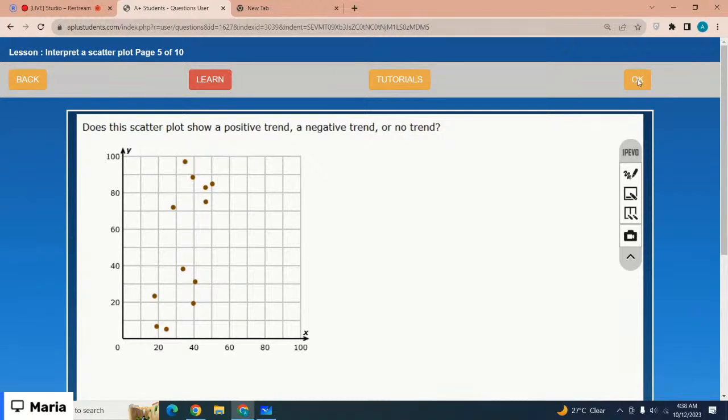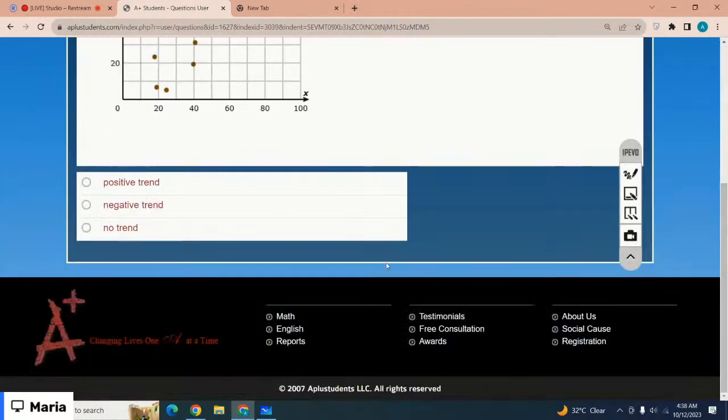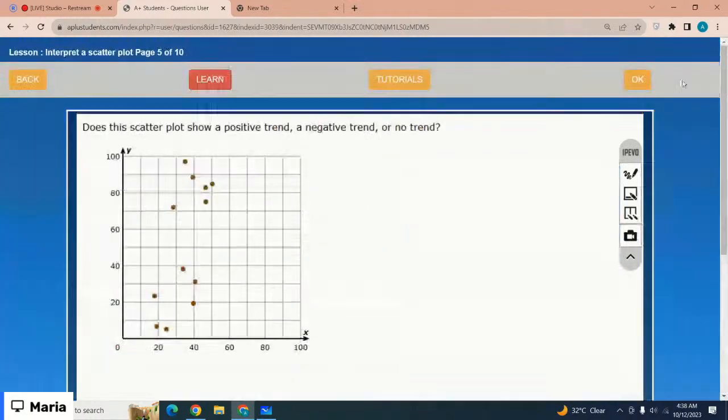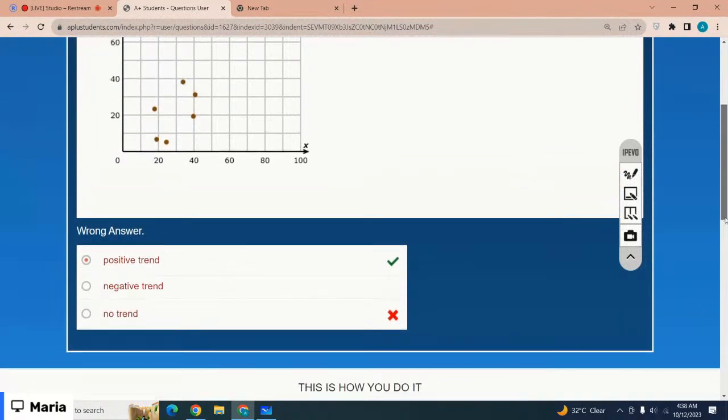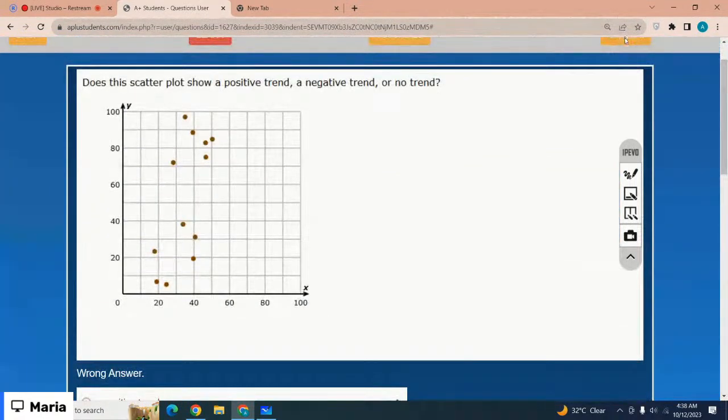Does this scatter plot show a positive trend, a negative trend, or no trend? Positive trend it is. Yes, that would be positive trend. The correct option is positive trend.